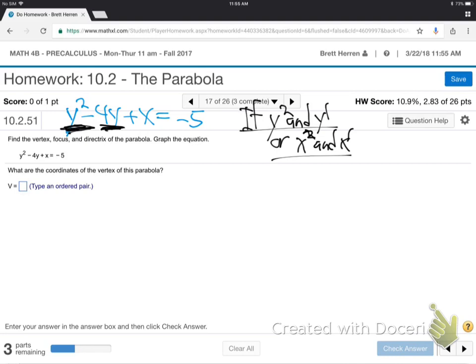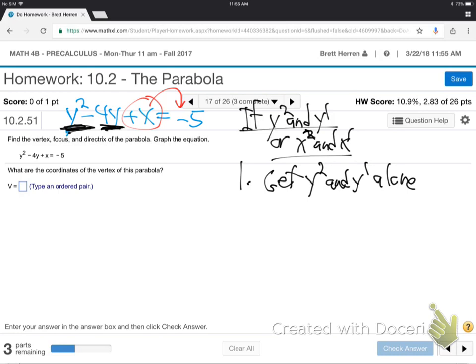Okay, so what are those? What is the recipe for making those cookies? What's the first step when you see this? Get the y squared and y to the first alone. In other words, ditch everything else to the other side, which would be this x. Jump him to the other side. You want the y squared and the y alone. So that's the first step, right?